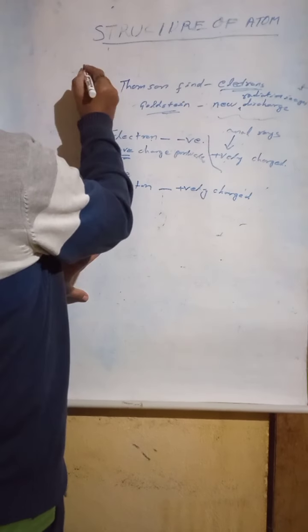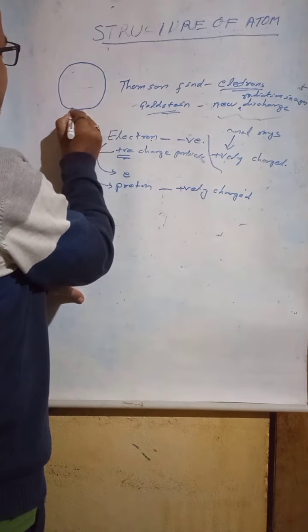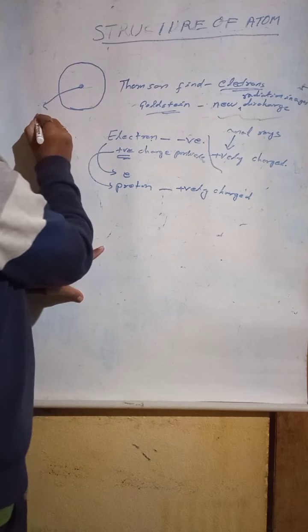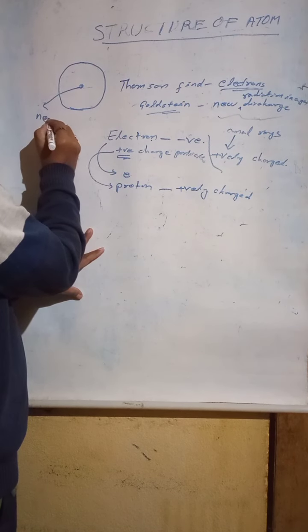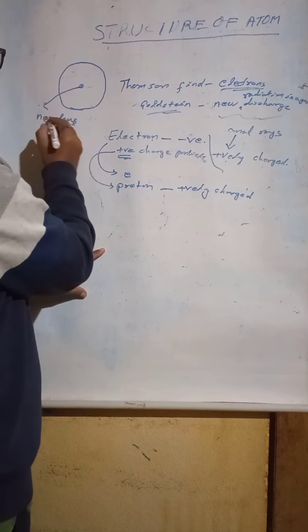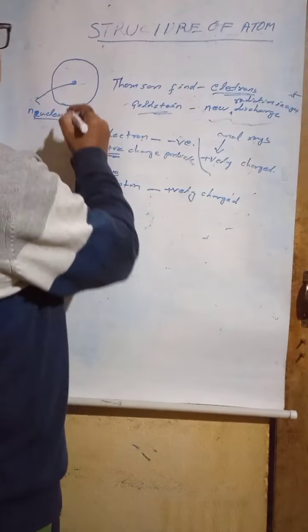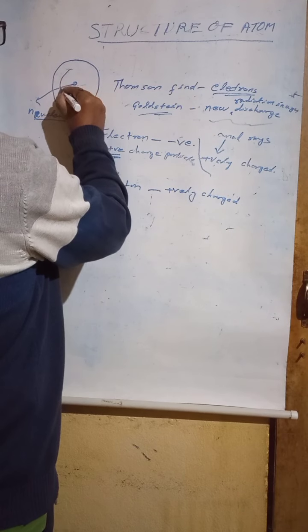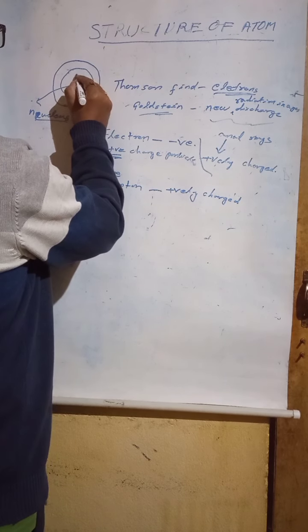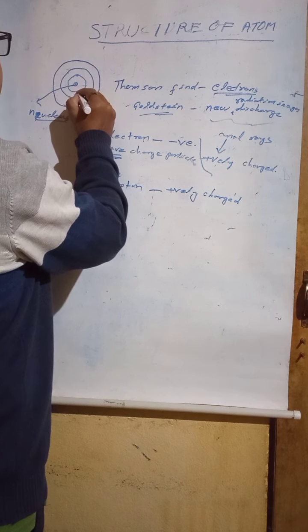This is called the nucleus. The center is the nucleus, and it is surrounded by different electrons.